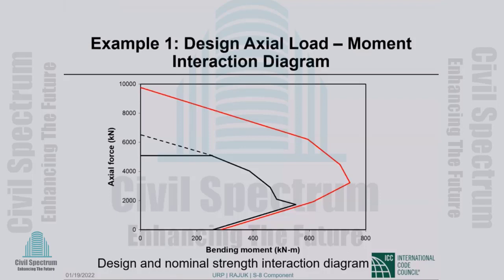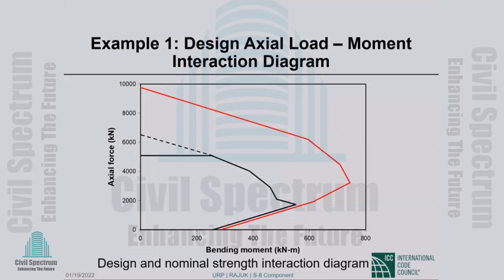You can use a compression splice in a column only if you are sure that there will be no tension in your column bar that you are splicing under any of the load combinations that you are considering in design. So please listen to me carefully.